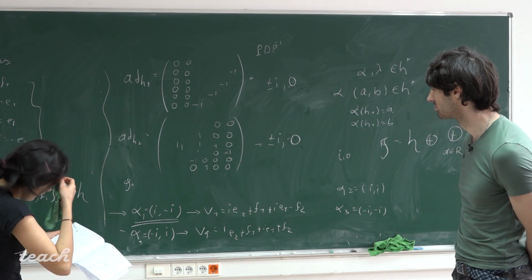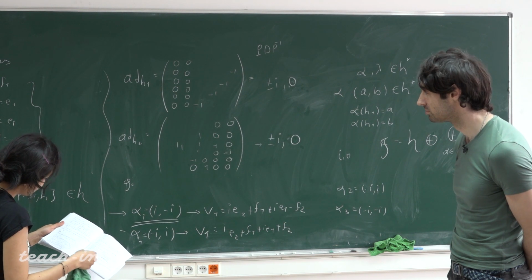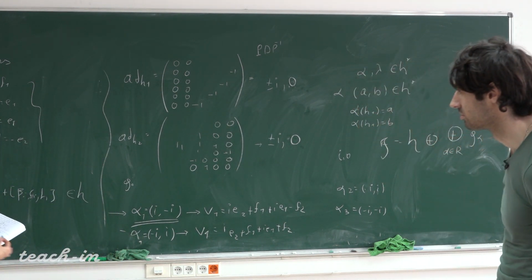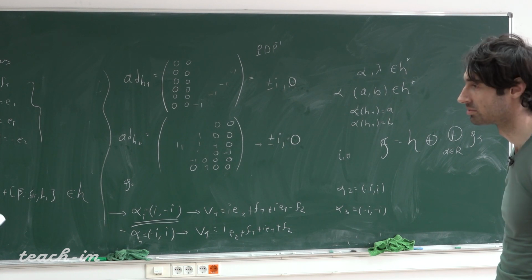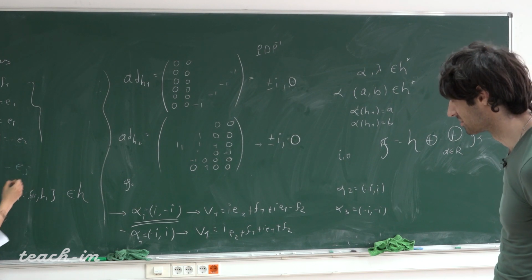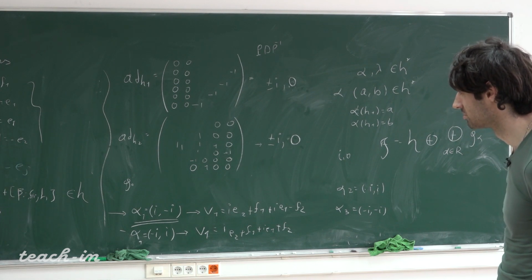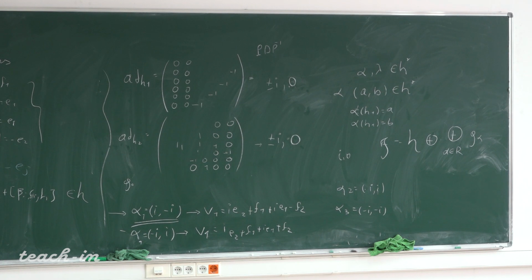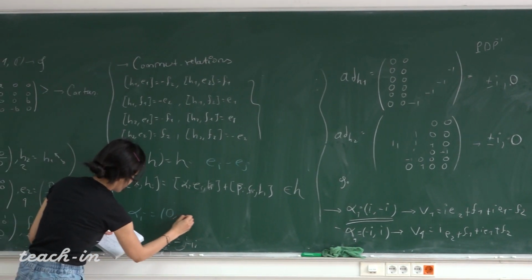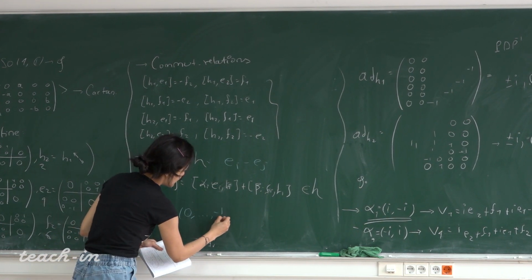Now, I have a question about the previous problem, because Abner was writing something. I think you wrote EI minus EJ, something like this. But I was writing things like this, using something that we studied in the previous semester.